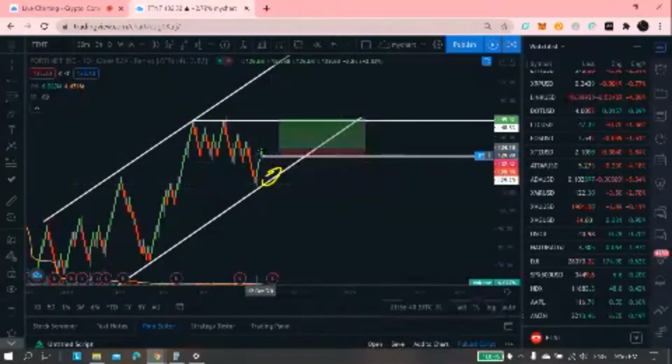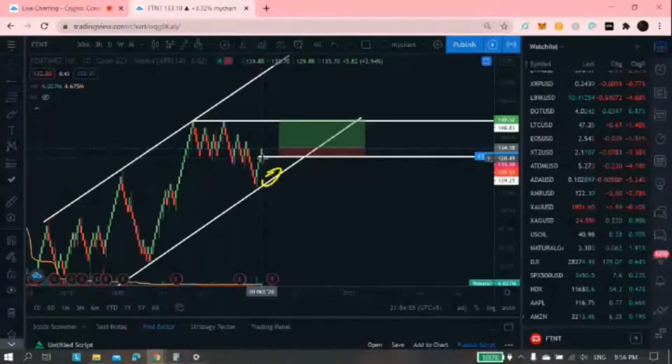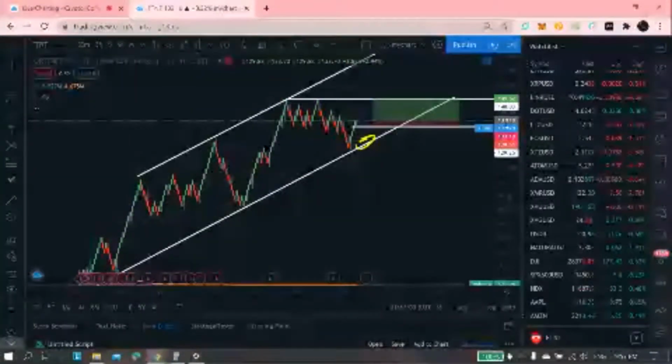I actually use the low of this Renko chart as a cut loss area. I normally do that. But then again, let's look at the chart, I mean the candlestick.